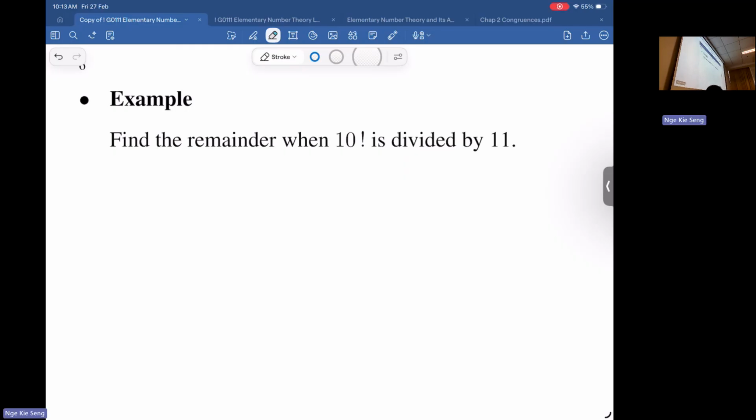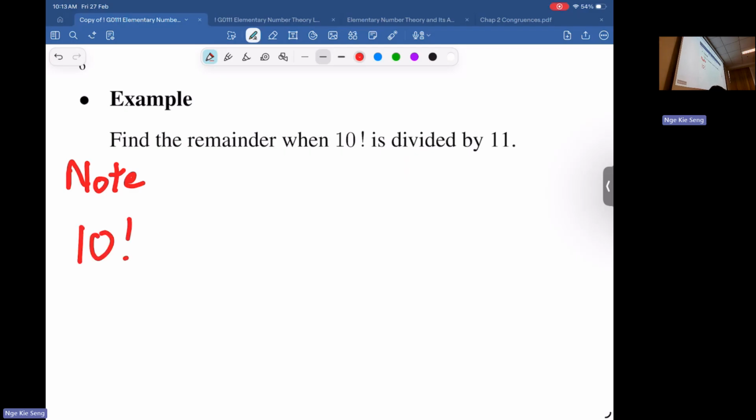But then we should use what we have just learned. So basically, what we should do is we try and dissect this number here. What is 10 factorial? 10 factorial is 10 times 9 times, sorry, should go down, not go up, 8, 7.